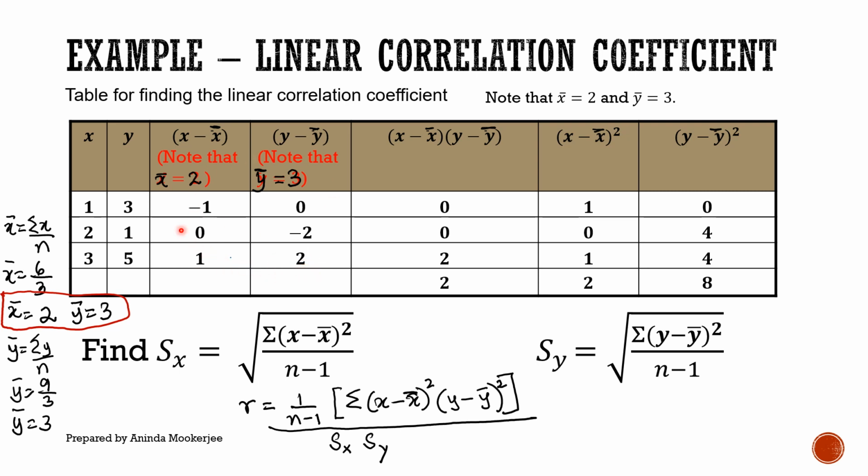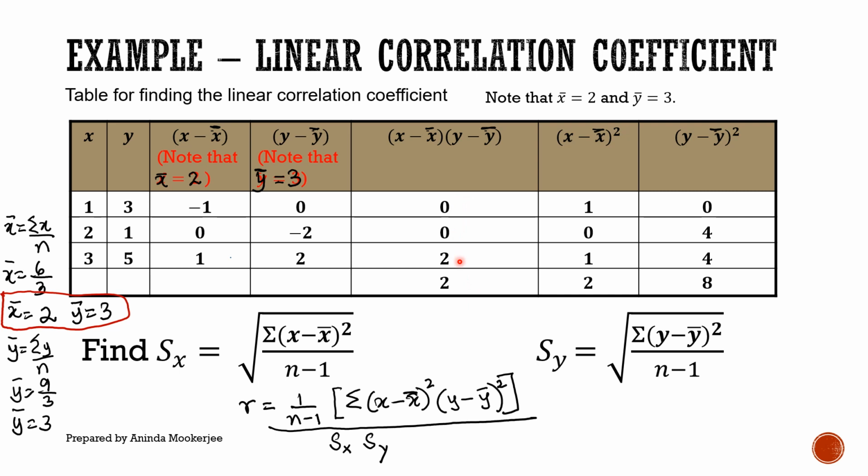So we've completed the calculations in these two columns. The next column is x minus x bar multiplied by y minus y bar. In other words, we are just multiplying the third column and the fourth column. So negative 1 times 0 is 0, 0 times negative 2 is 0, and 1 times 2 is 2.